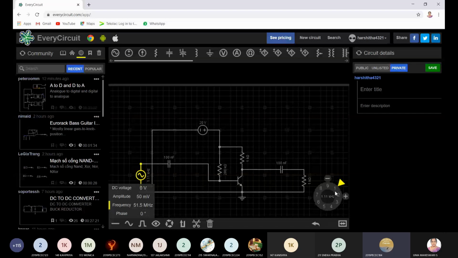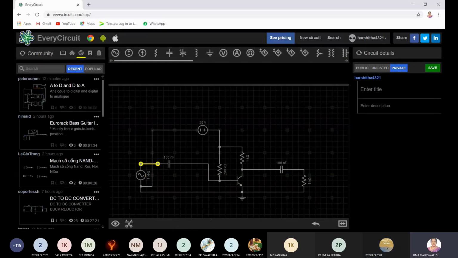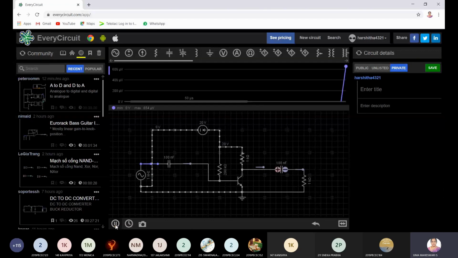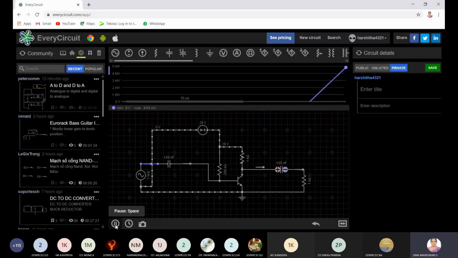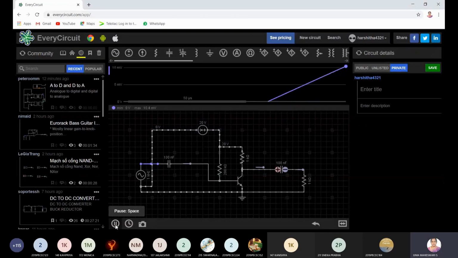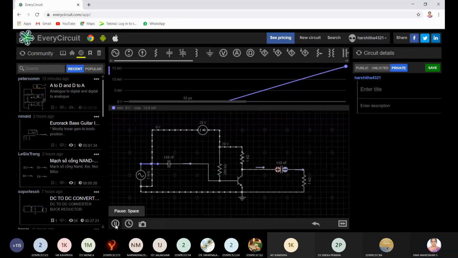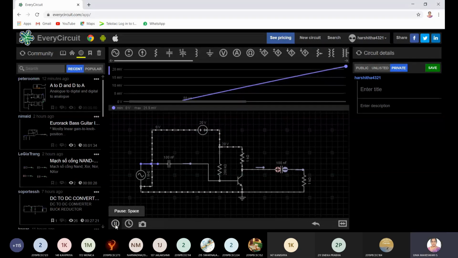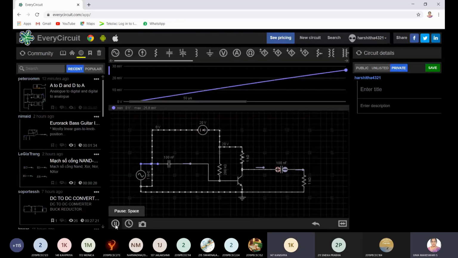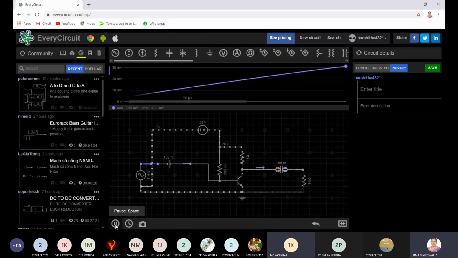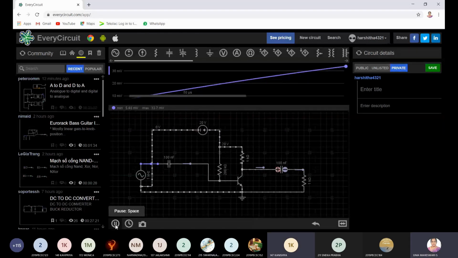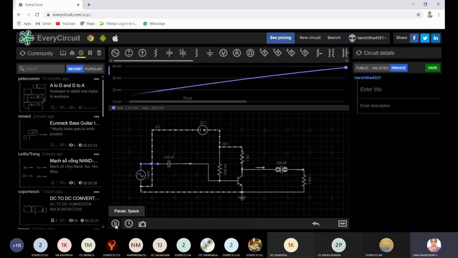The time period will be 1 millisecond. Yes, very good. Because what is 1 by 1 kilohertz? 1 millisecond.